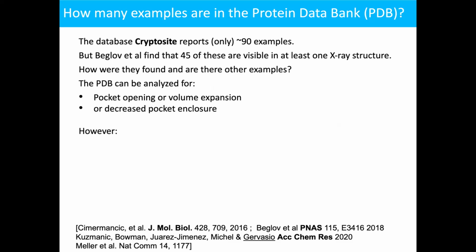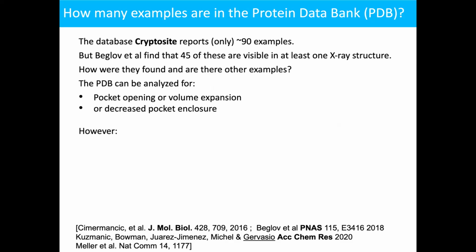But how were they found, and are there other examples in the protein data bank? You might imagine that we could just take the protein data bank, select all the ligand-bound structures, and then try to see if the ligand opens cryptic pockets or not. But this is not trivial because, first of all, what do you analyze?